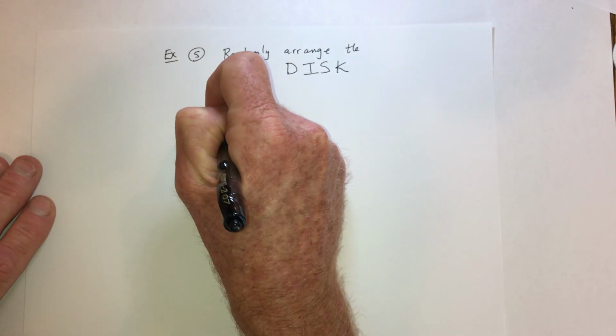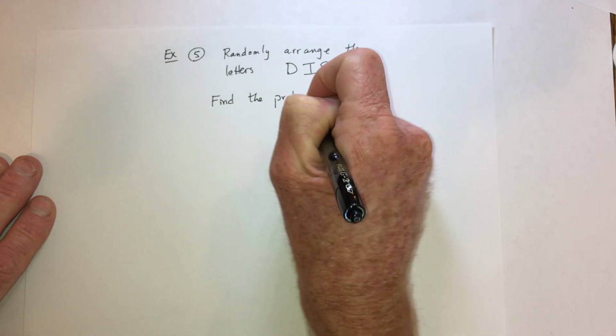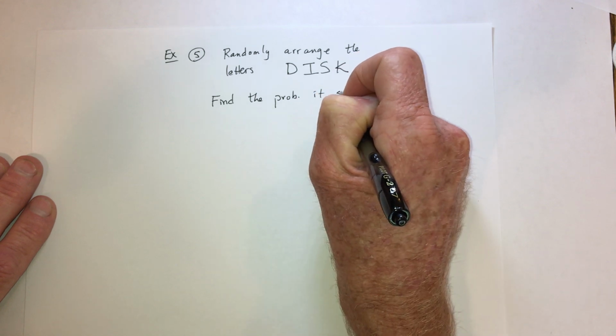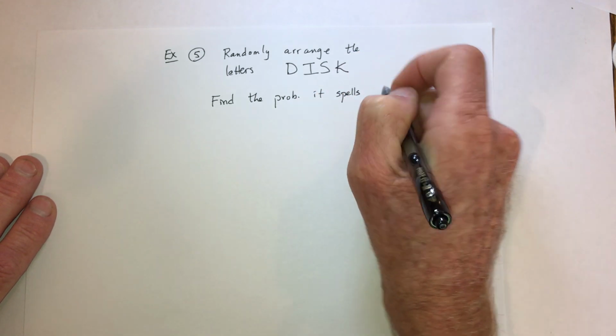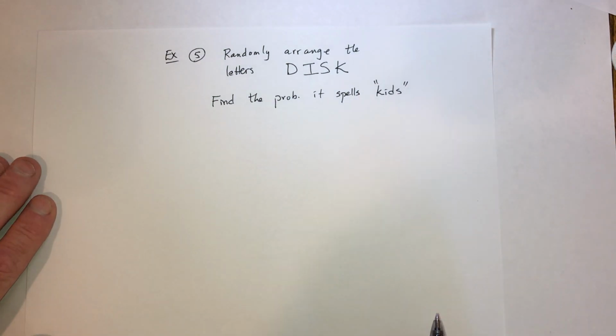And then find the probability that it spells kids. Kids are cute.